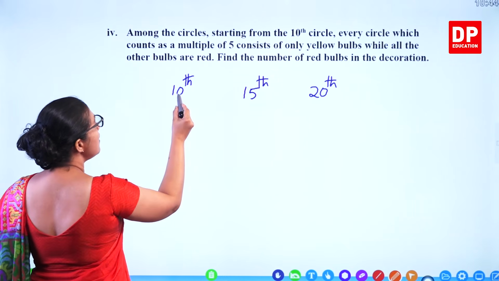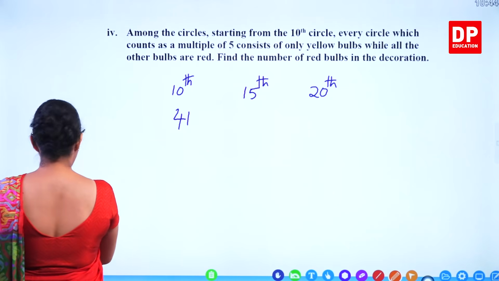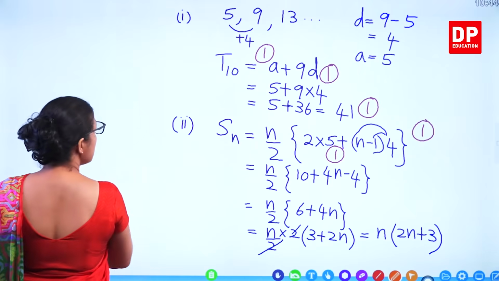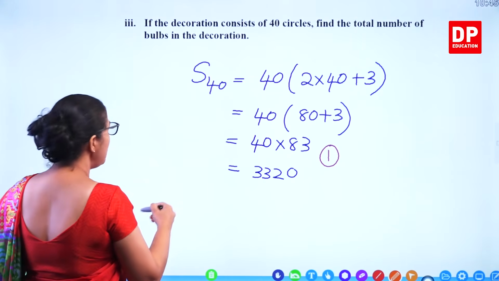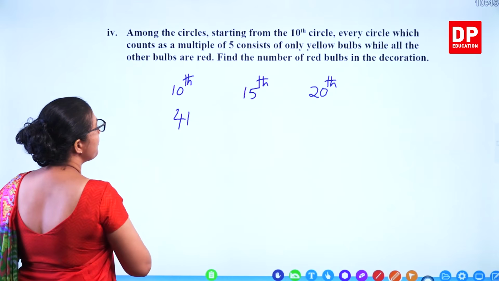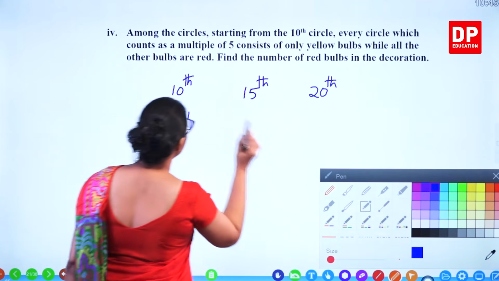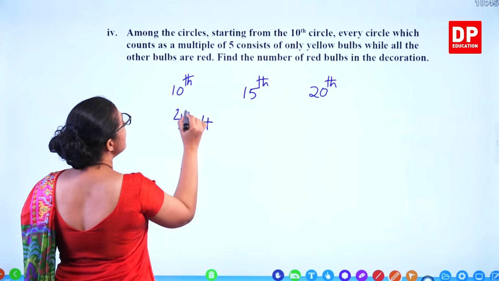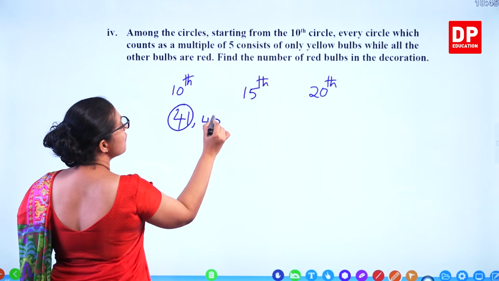So what's the difference? The difference from the previous one is that it's adding 4. Each circle adds 4 bulbs. So that means you are getting numbers, here the 11th one, 40, adding 4, 45.